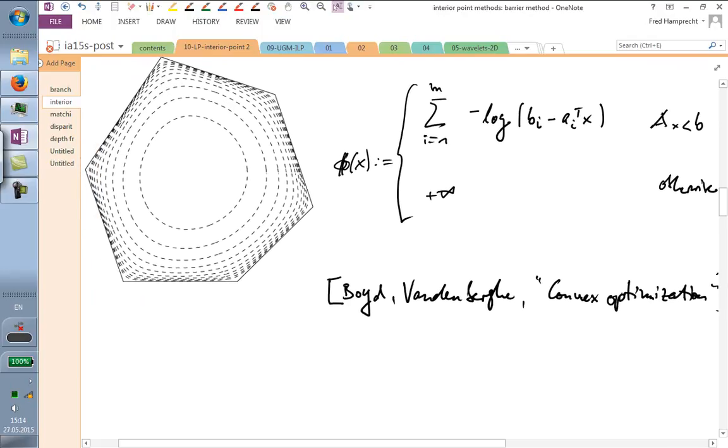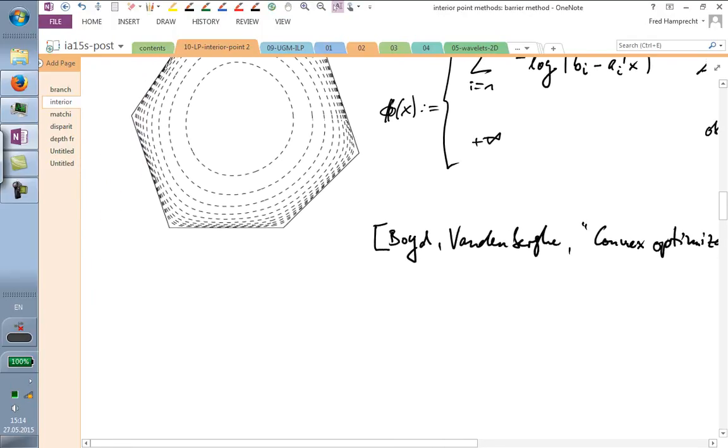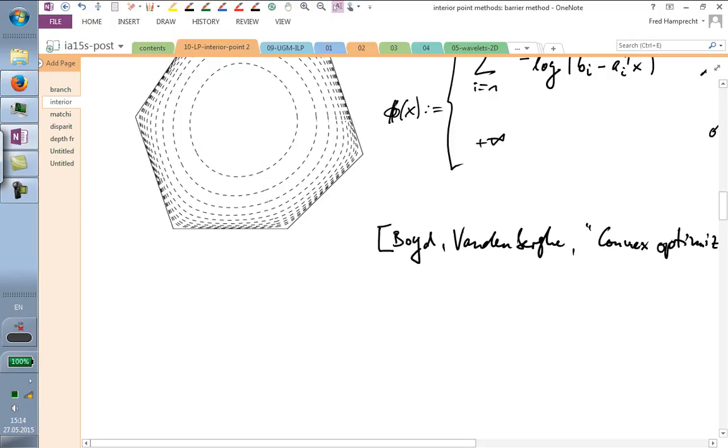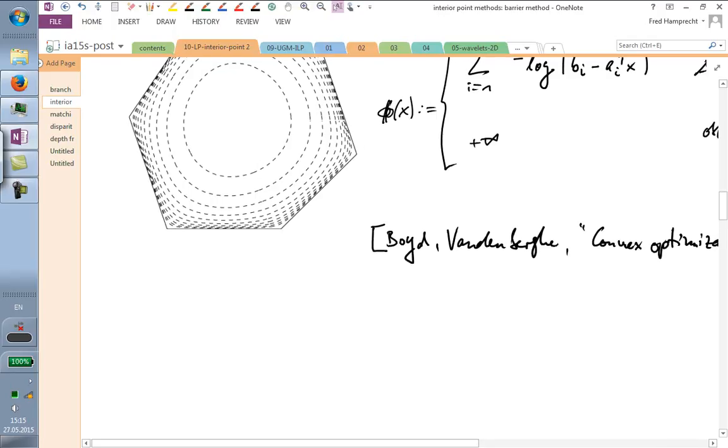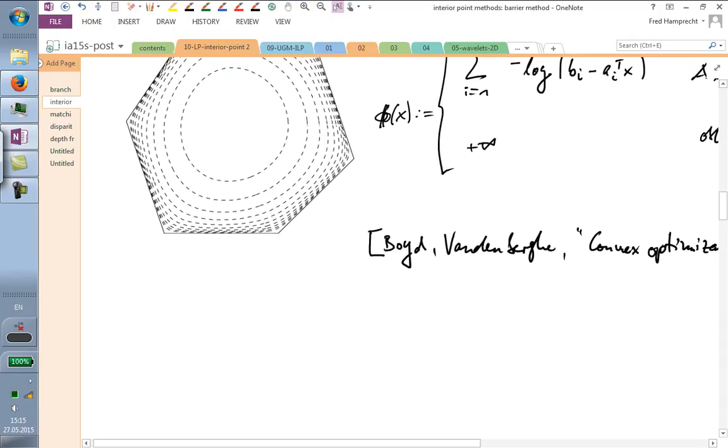Good. So this is a friendly function for a Newton step. Because we can easily take the first and second derivatives here.